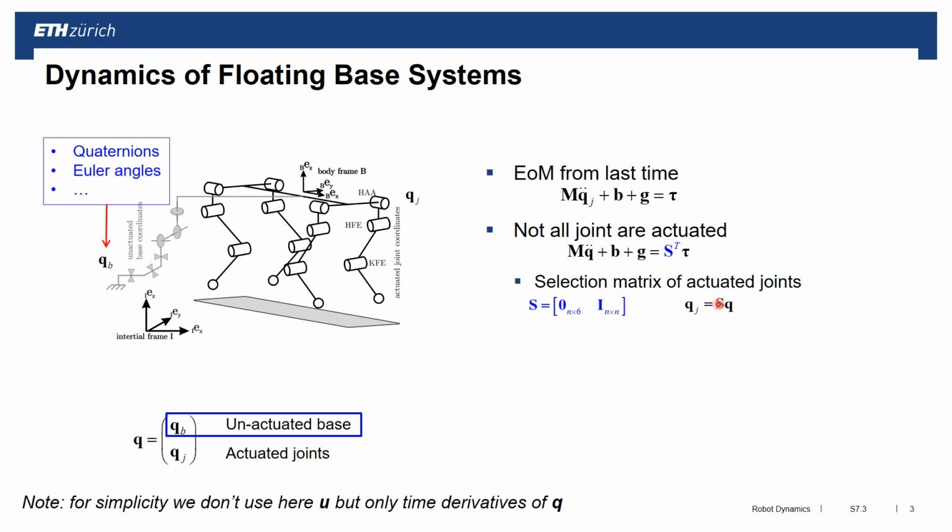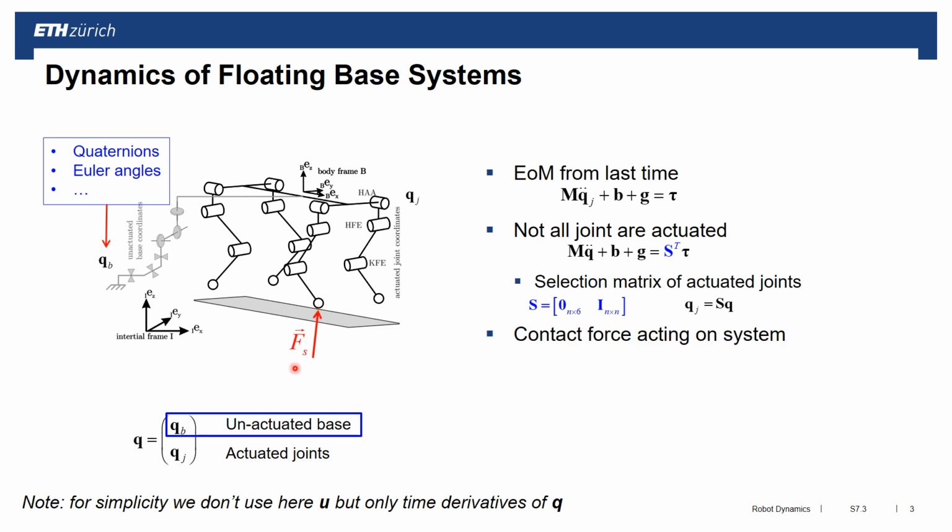And the selection matrix, as we have seen before, just selects the q_j's out of all the q's. And here, for simplicity, we keep this q double dot. We don't write u, but what we mean is u dot and not a time derivative of a configuration-dependent parameterization.